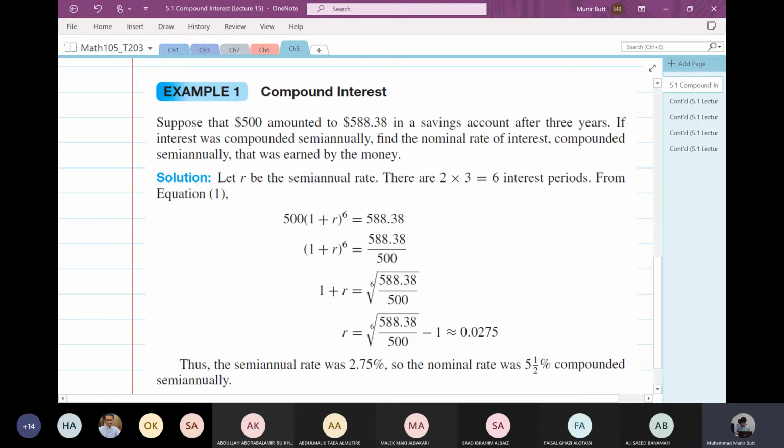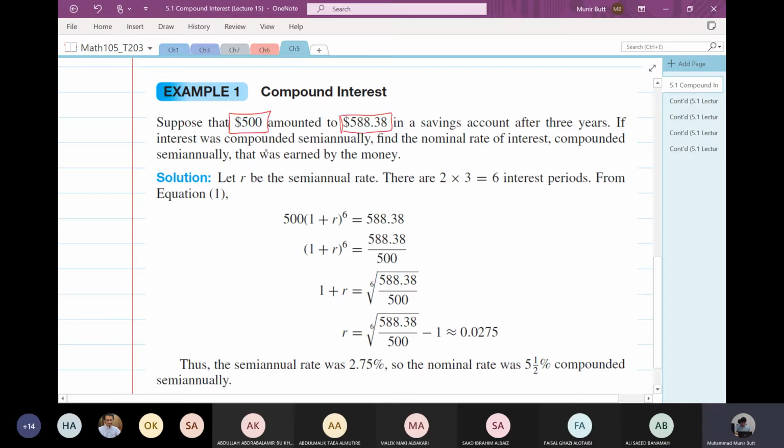So for example, he says suppose that $500 amounted to 588 in a savings account after 3 years. So someone has saved $500 and after 3 years he has this amount.